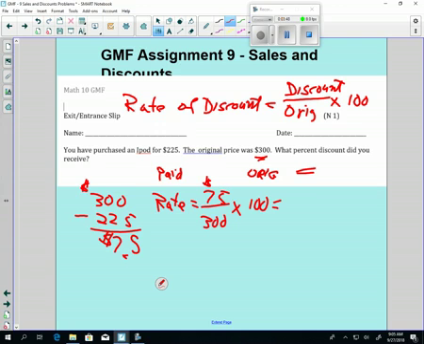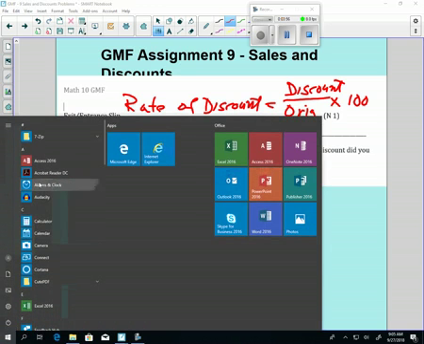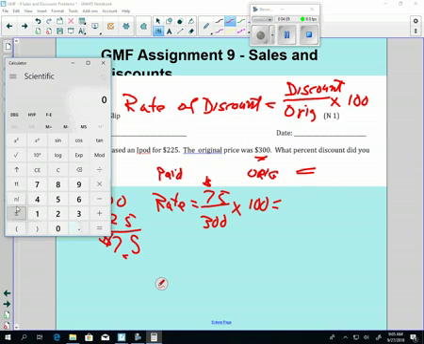You can throw that into your calculator. 75 divided by 300, 0.25, and if we multiply that by 100, of course, it's going to be 25%.